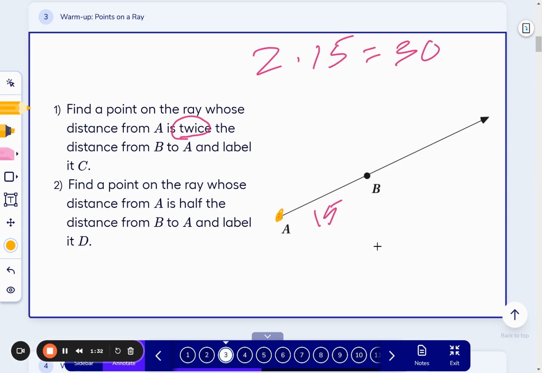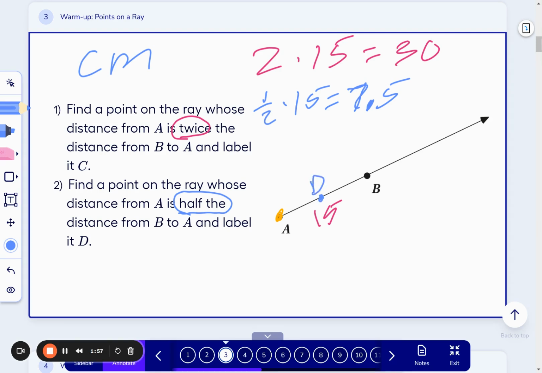Now you're going to do half of that. So we would do 1/2 times 15, 7.5. I would always use centimeters if I were you, just easier to manipulate and work with. So we'd have 7.5, and we would come out halfway.